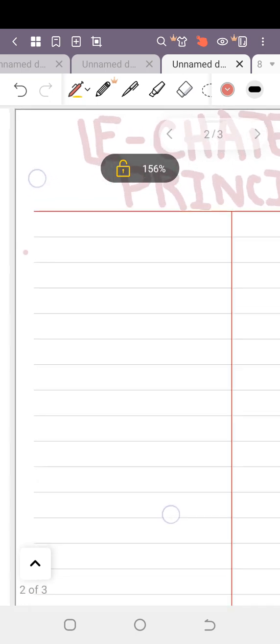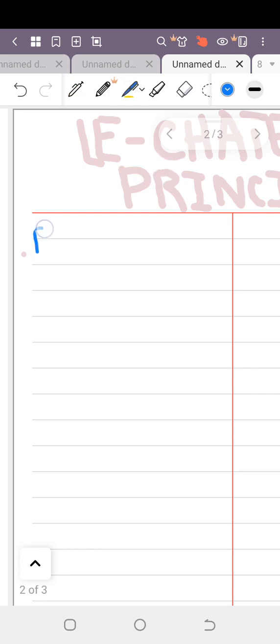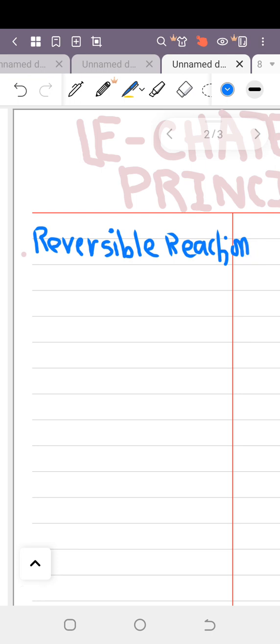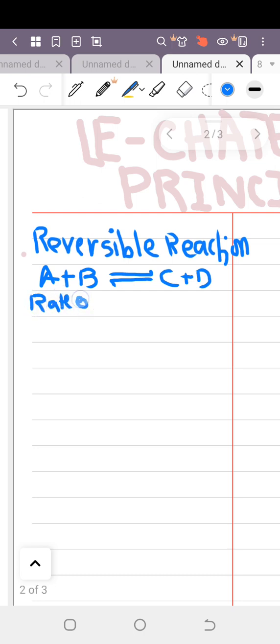First of all, let's go with one example. I have a reversible reaction, for example A plus B gives C plus D. This is how chemical equilibrium is achieved, because the rate of forward reaction is equal to the rate of backward reaction. Remember, whenever the rate of forward is equal to the rate of backward, the equilibrium is achieved.